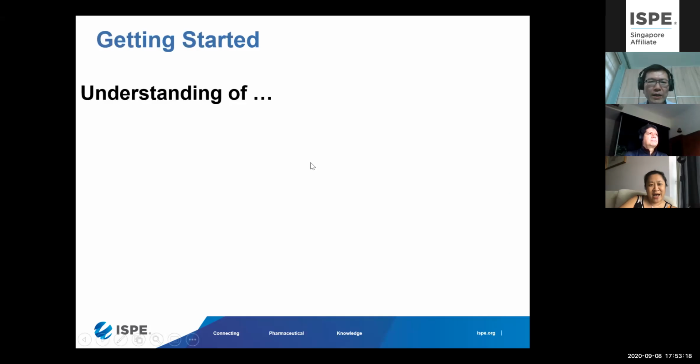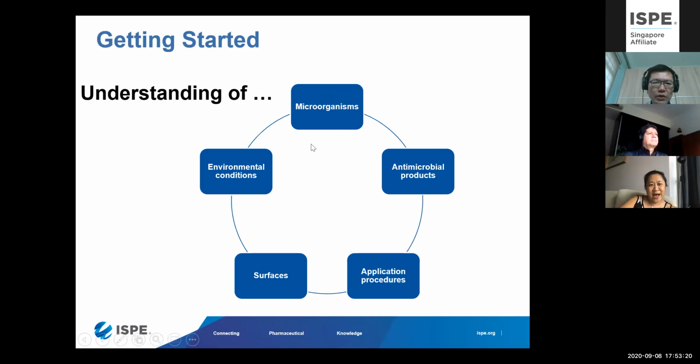So before you get into the efficacy studies, you need to understand basically the environmental conditions in your clean room, whether grade A, B, C, D areas, the air change rate. This can affect the contact time and also the microorganisms. What are the microorganisms that you plan to include in the studies?